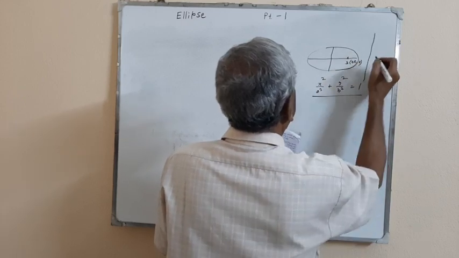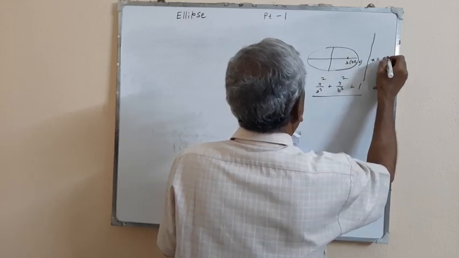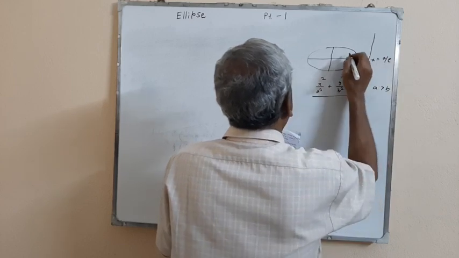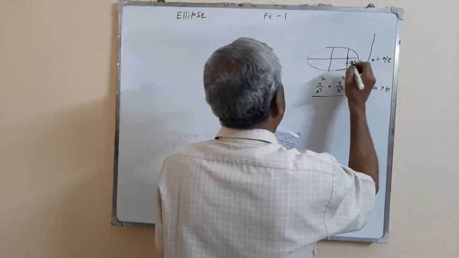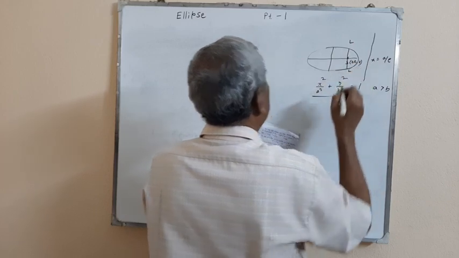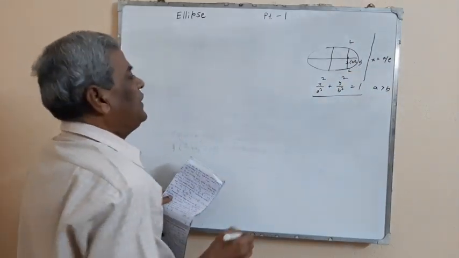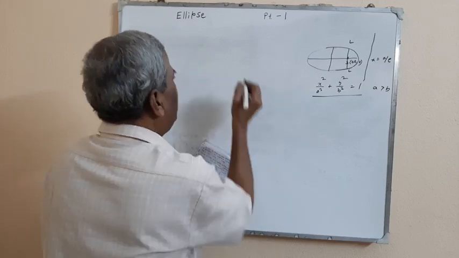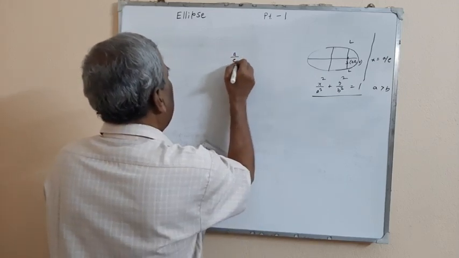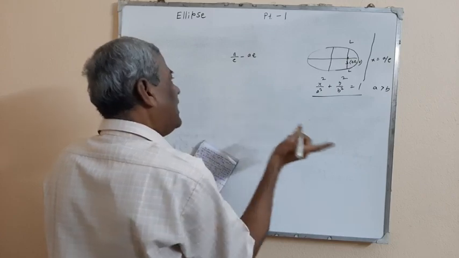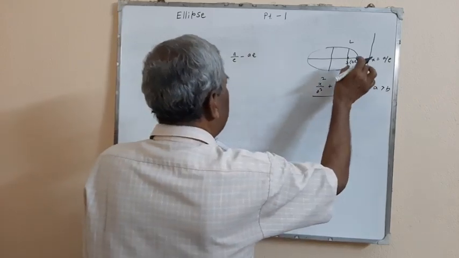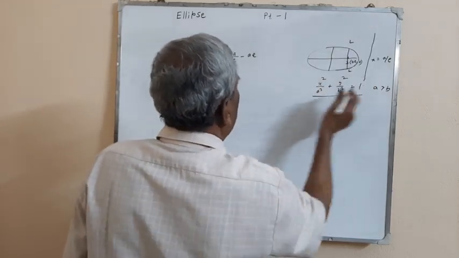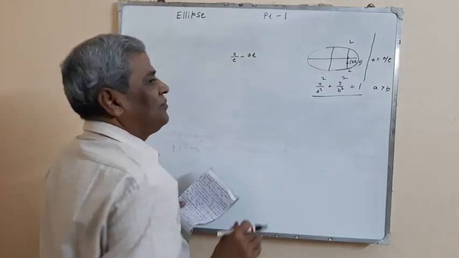The equation of the directrix is x is equal to a by e. The length of the latus rectum is that, L L dash. So the distance between the focus and the corresponding directrix is a by e minus ae. I have mentioned, simply the distance between S and the directrix is this.